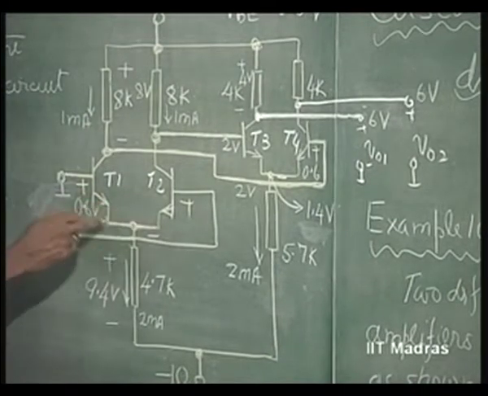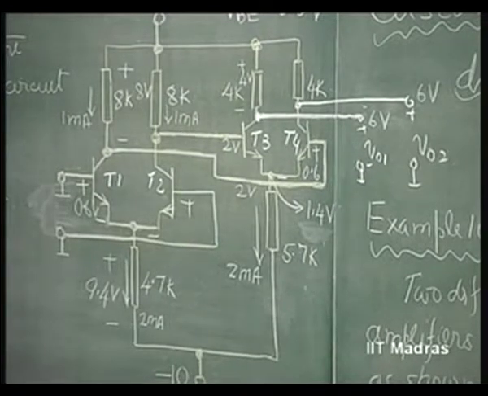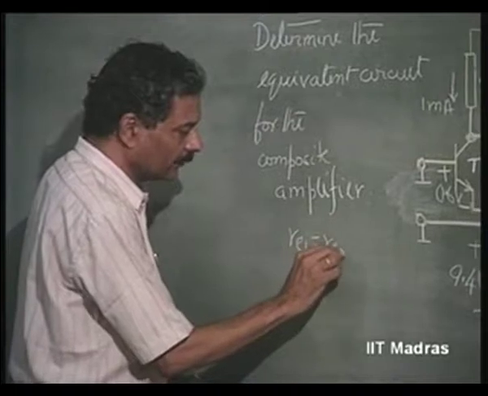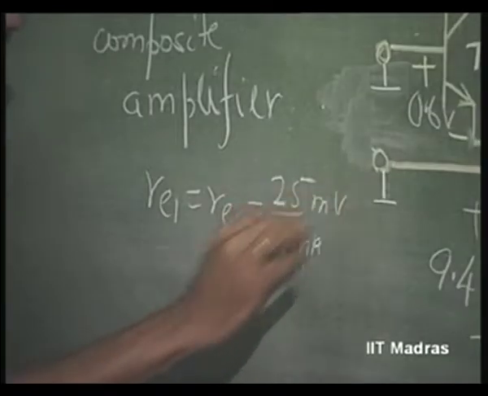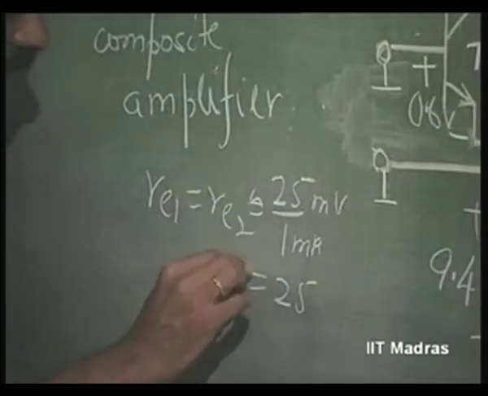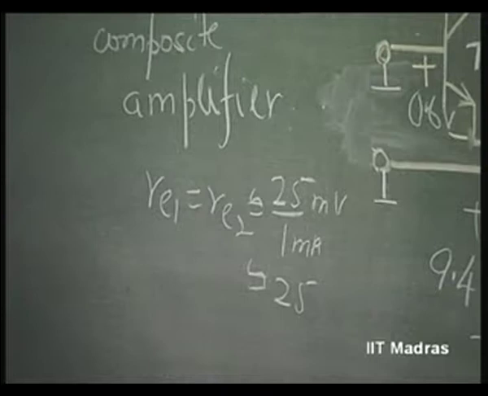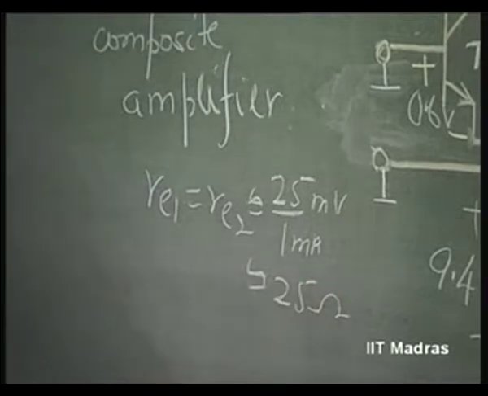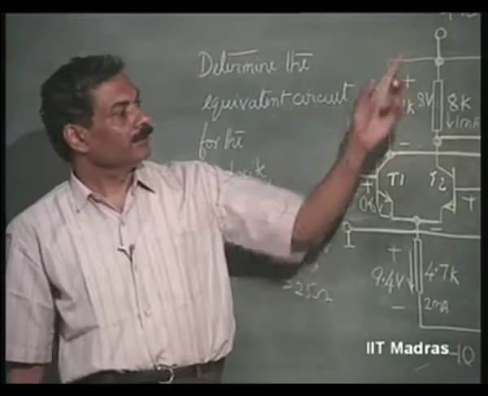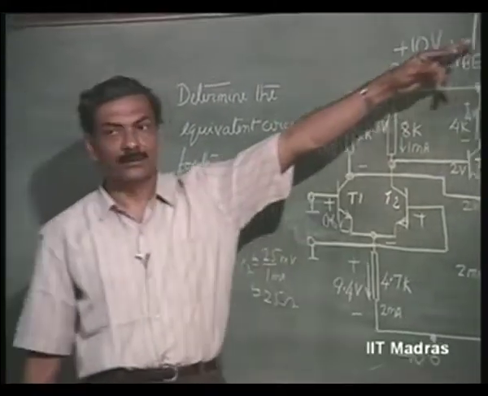The currents being 1 milliampere each, the REs will be approximately 25 ohms each. So, RE1 equal to RE2 equals 25 by 1 milliampere, so 25 ohms. Instead of 26, I am writing 25 for ease of mathematical computations. So, 25 ohms into 25 plus 25, that is 50 ohms, 2 RE you get, into 200.